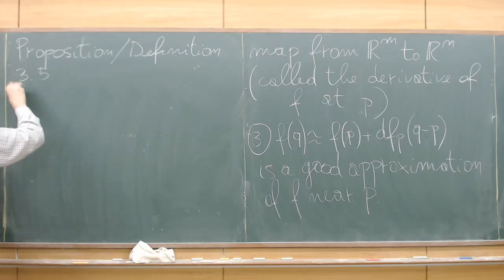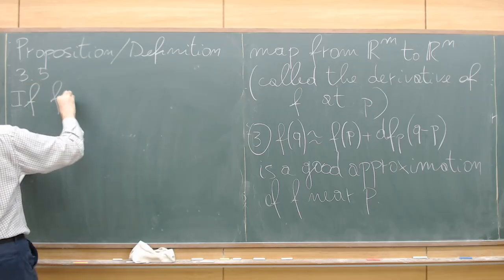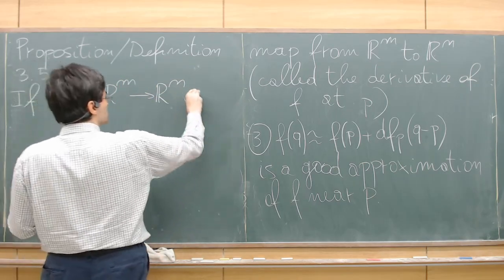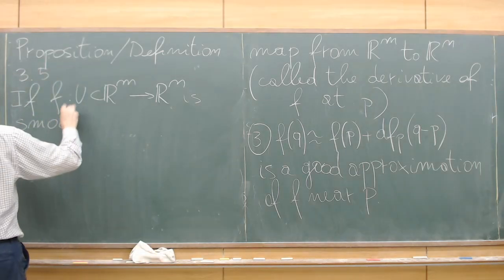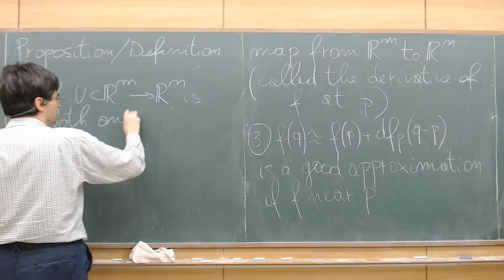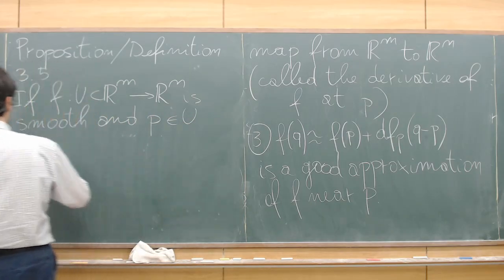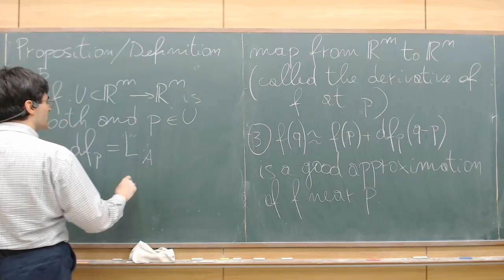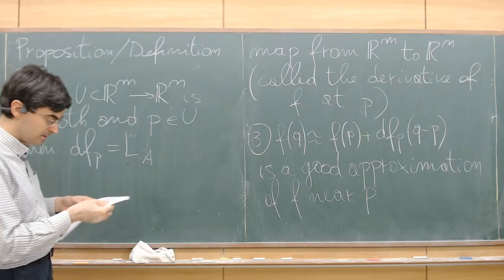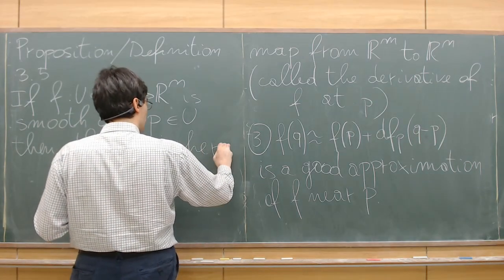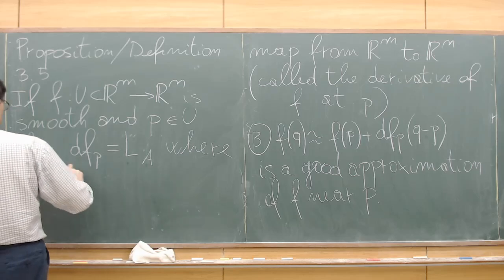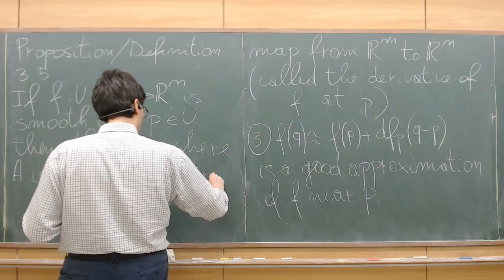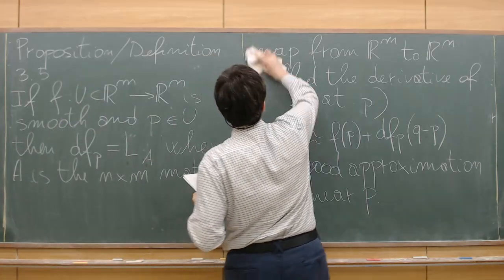It says that if F is defined on an open set U of R^m with values in R^n, is smooth, and P is a point in U, then dF_P is L_A, where L_A means the linear map associated to the matrix A, where A is the n times m matrix given by the following formula.